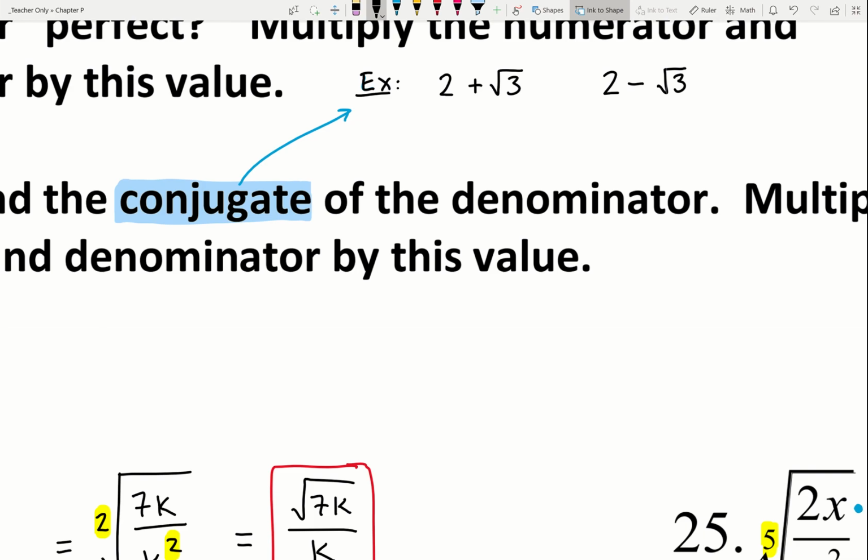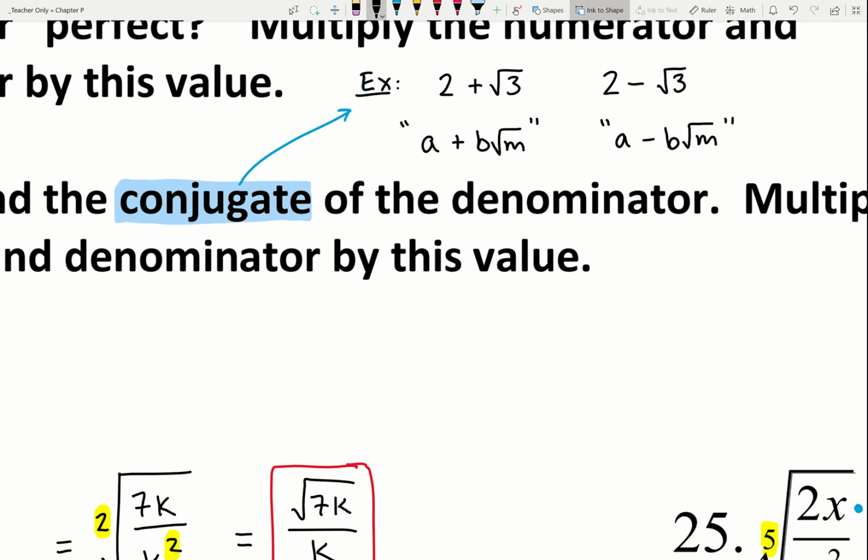So in general, if you guys have an expression of the form like, say, a plus b times the square root of m, something like that, if that's the form that we fit, then the conjugate of it is going to be that same expression, but instead of a plus, you're going to have a minus, okay?